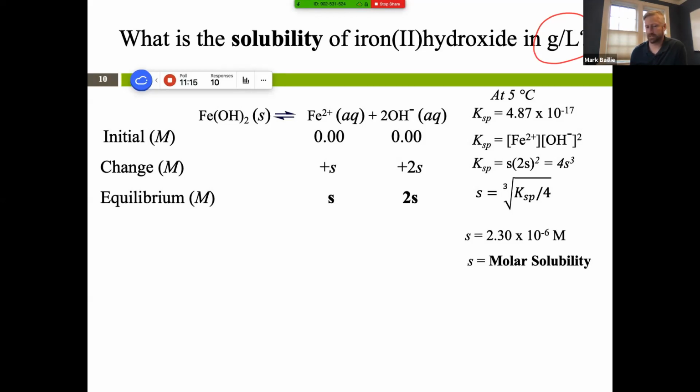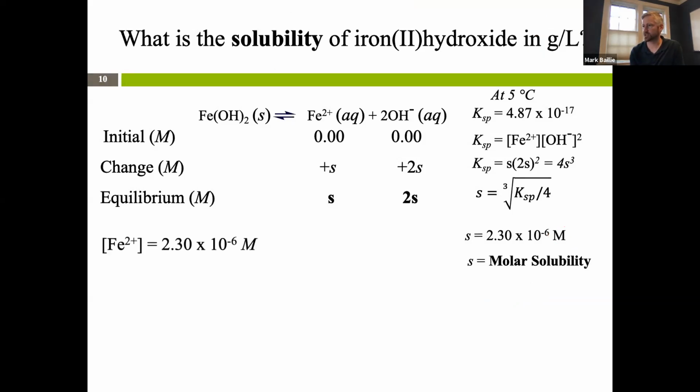Nope, just kidding. So big M, remember, means moles per liter. And so if we want grams per liter, how do we convert from moles to grams? Molar mass, anybody? All right, we're feeling a little sluggish tonight.